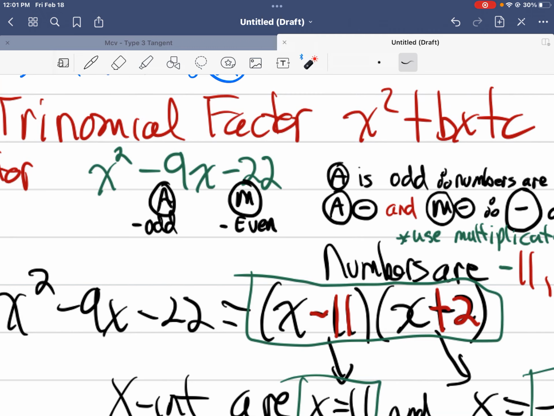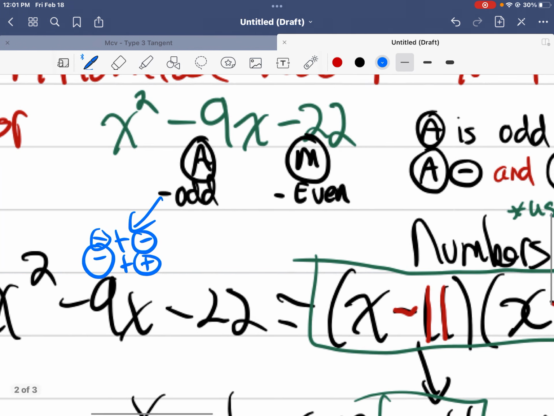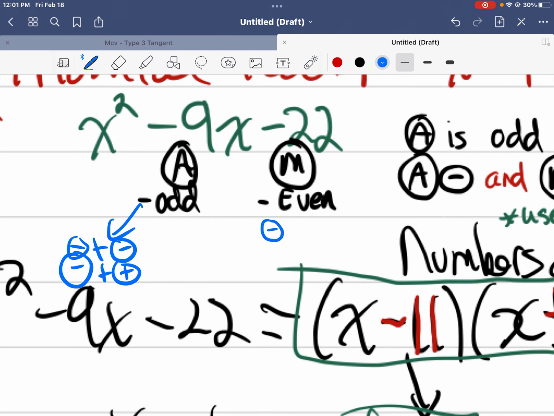So let me just look at this. What would this tell us? This negative in the middle tells me that it's a negative plus a negative, or a big negative plus a smaller positive. The negative in terms of multiplication means I've got a negative multiplied by a positive.